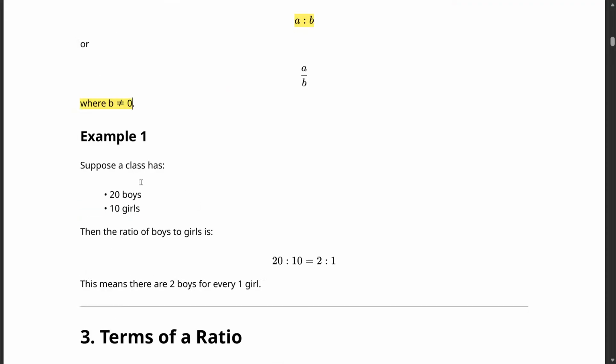Example: suppose a class has 20 boys and 10 girls. Then the ratio of boys to girls is 20 is to 10, equals 2 is to 1. This means there are two boys for every one girl.